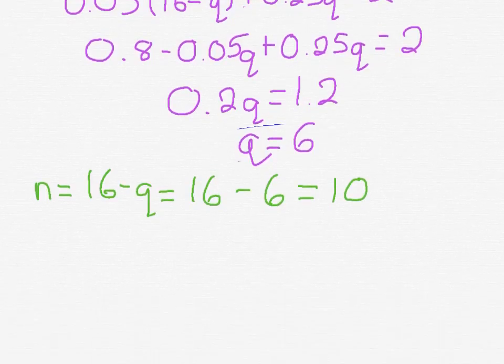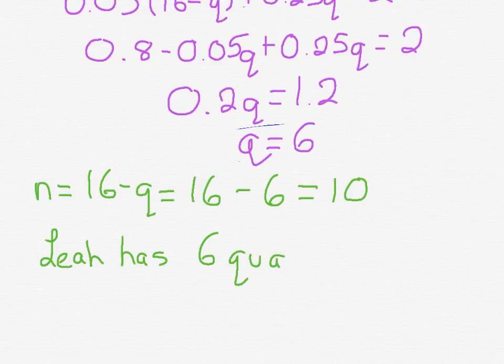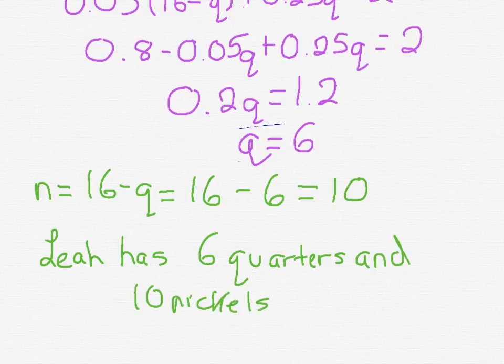So you could say something fancy like, Leah has 6 quarters and 10 nickels in her bank.